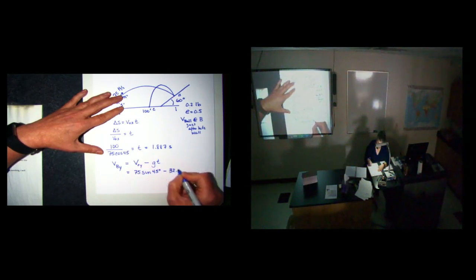If that's a 60 degree, then this part ends up being a 60 degree, which means this is a 30 degree. Everybody with me? All right, so now we're going to draw in my velocity vector.